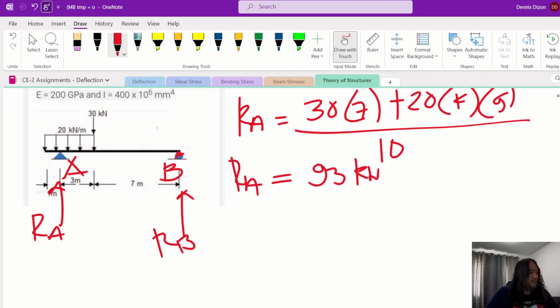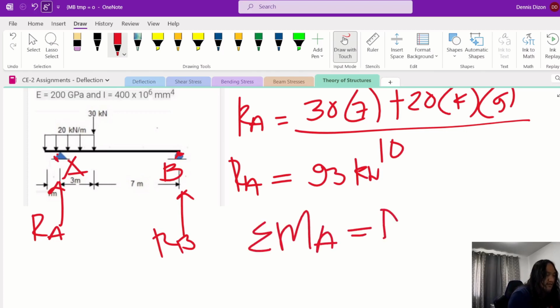Now, we will also calculate the reaction at B. Summation of moments at A. To get the reaction at B, we will sum up moments at point A. Summation of moments at A is equal to the moment at A. Now, the moment at A, because we have the cantilever, is not equal to 0.